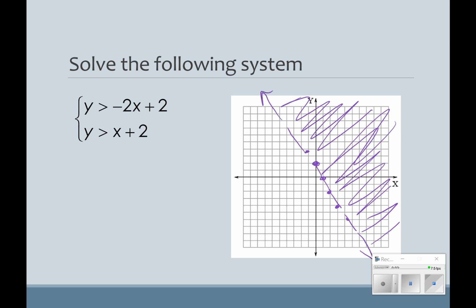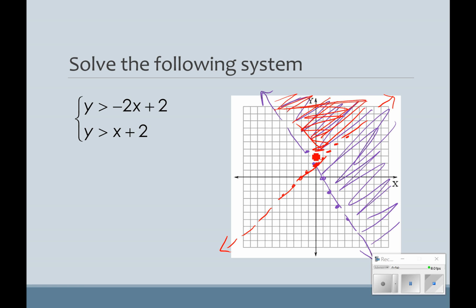Okay. My next graph I'm going to do in red. So y is greater than x plus 2. Again, my y-intercept is 2, but my slope is 1, because remember there's a 1 in front of that coefficient. And it is going to be a dotted line as well. And it's greater than again, so that means that I'm going to shade above here.